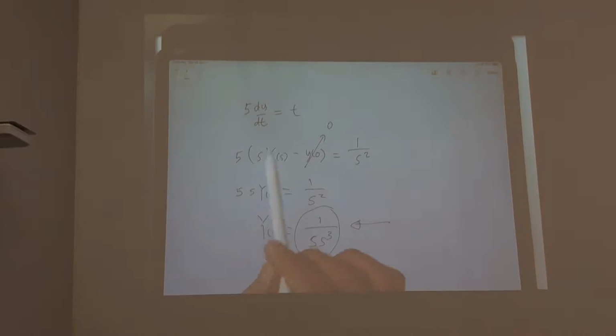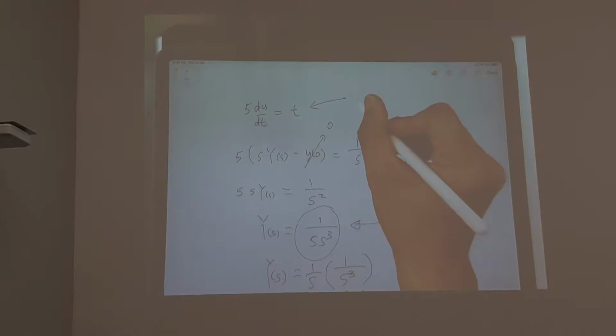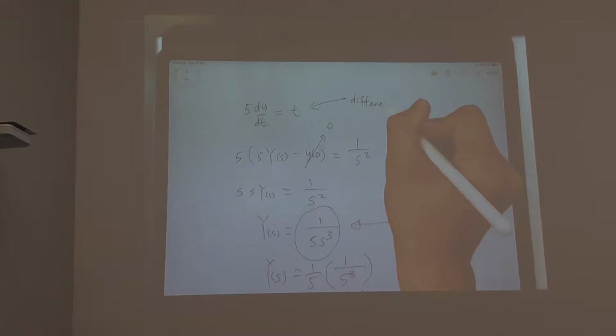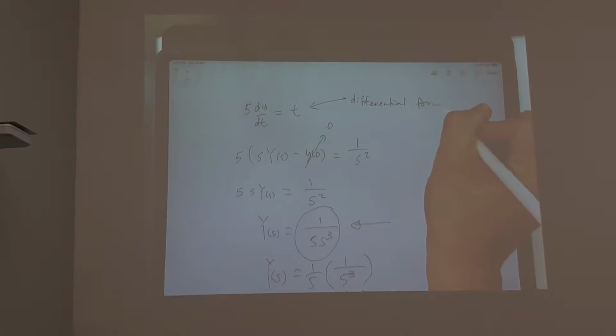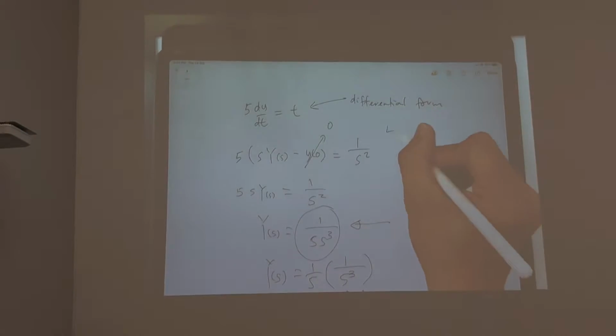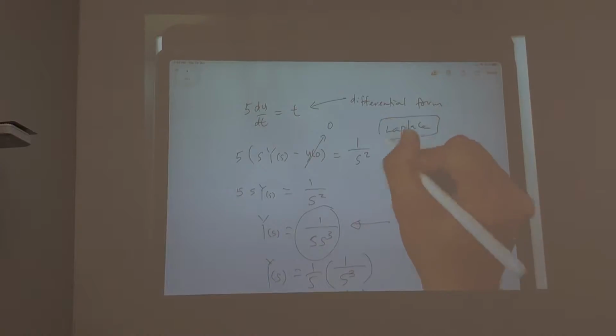Okay, this is in differentiation form, right? So dy/dt is in differentiation form. I need to Laplace it. In order for me to Laplace it, I need to use the table. The first dy/dt is this one: if I have an f, then I have a big capital F multiplied by s minus small f at 0.